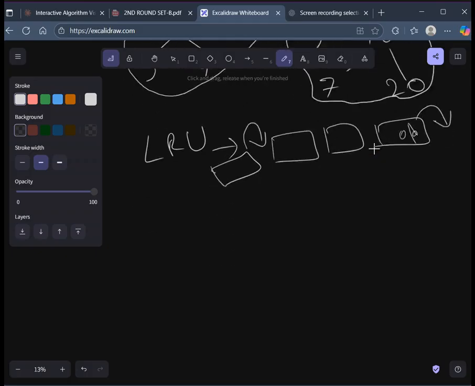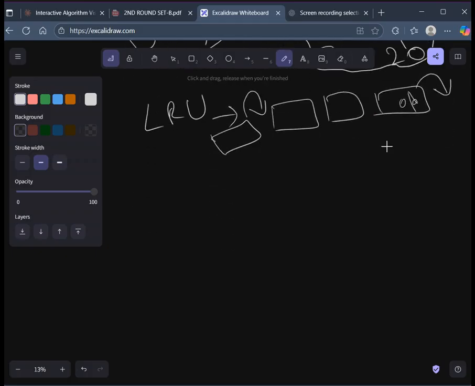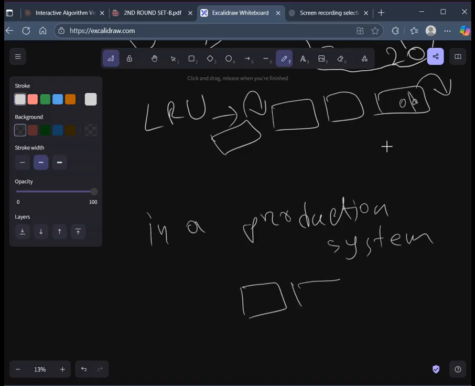So which system should we use? In a production grade system, we should use the LRU, as this is more reliable and the information is in a sequential state.